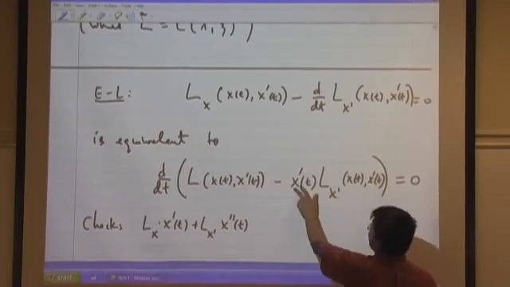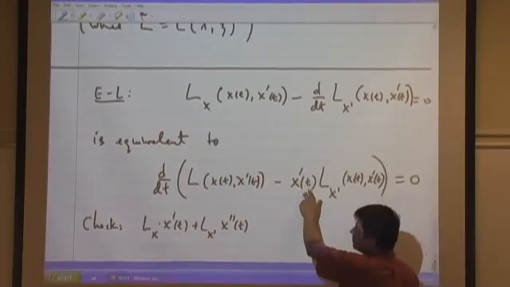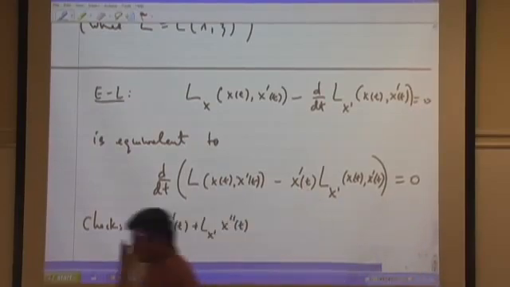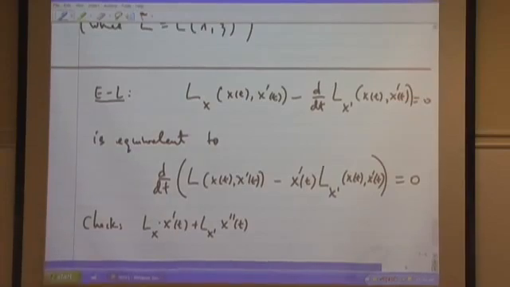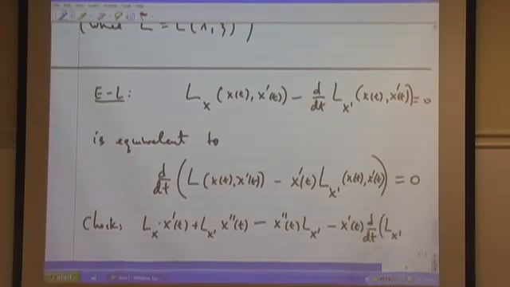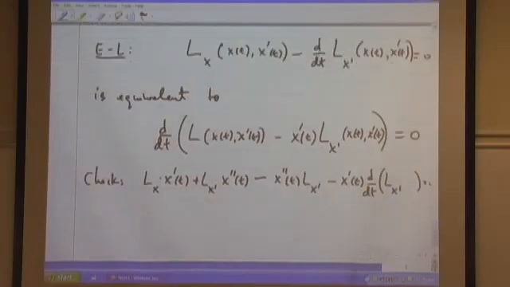And now let's do the second term with the product rule. It's going to be minus x double prime times L_x prime, minus x prime times the derivative with respect to t of L_x prime.